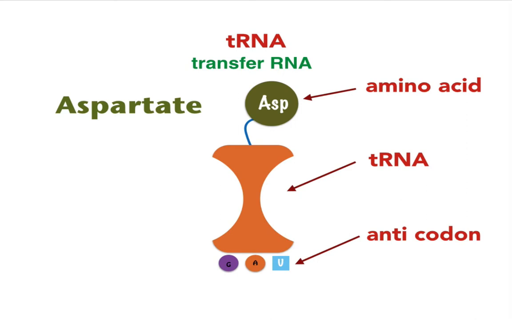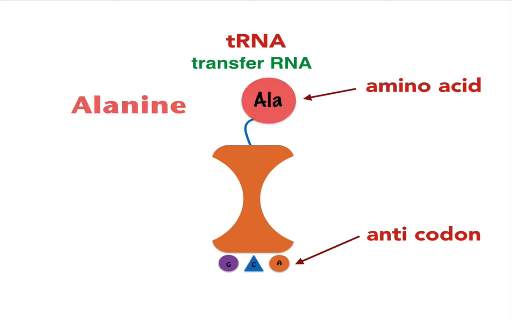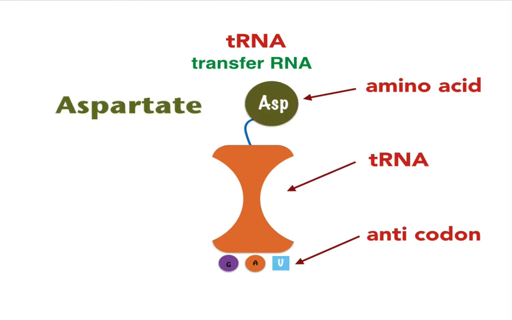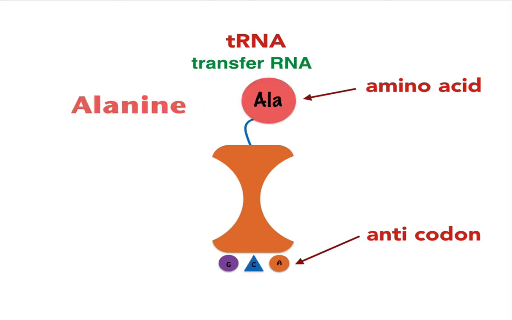This anticodon, this section of the tRNA, has a very specific 3 nucleic base code for an individual amino acid. So for example, aspartate has the code GAU. That's the anticodon. And alanine has GCA. So if you look going back to aspartate, you'll notice that as I change the amino acid, the anticodon, the code, changes as well.